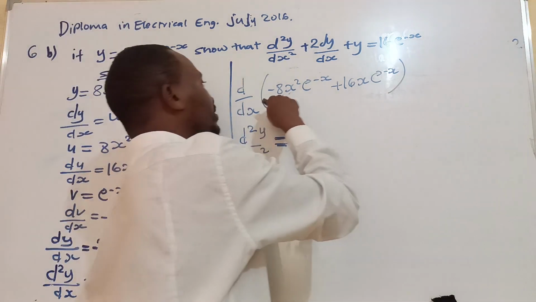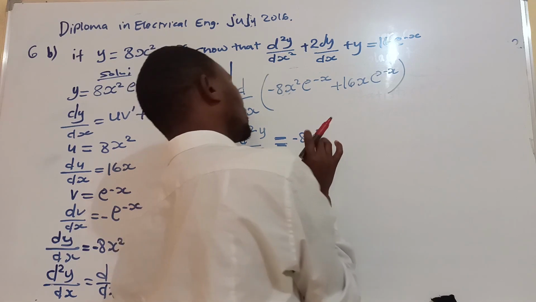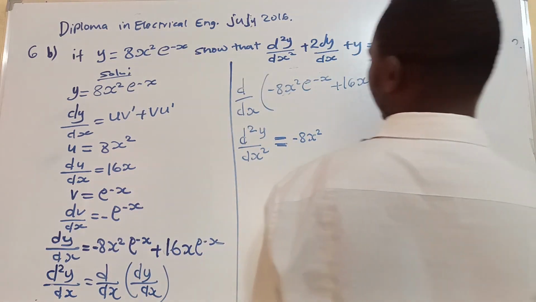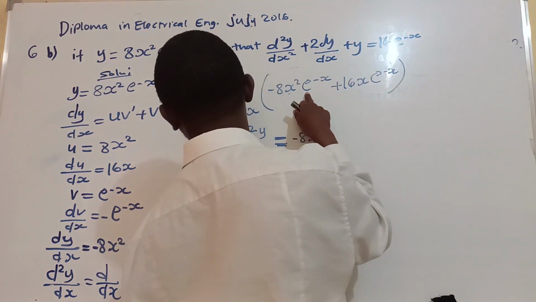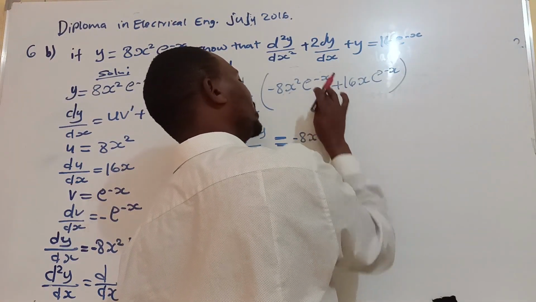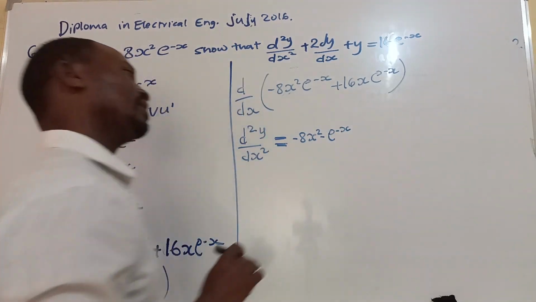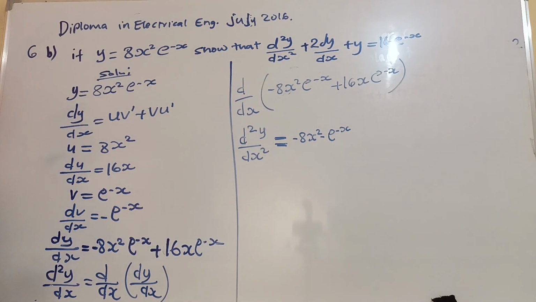Here you have a u, negative 8x squared, and we have a v. We need to differentiate v now, which, if we differentiate, produces a negative, so it will be negative exponential negative x.